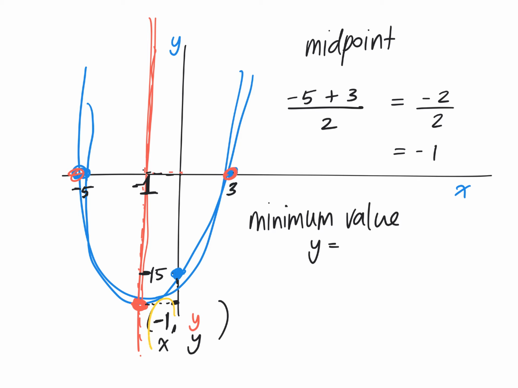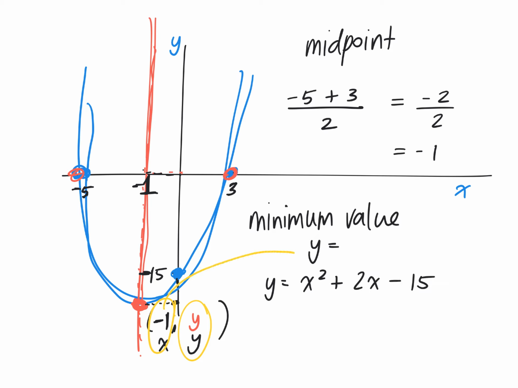If you know x and you know an equation, can you figure out y? Plug it into the equation. Did the equation have an x and a y? Okay, so let's plug it in. What was the equation? y equals x squared plus 2x minus 15.